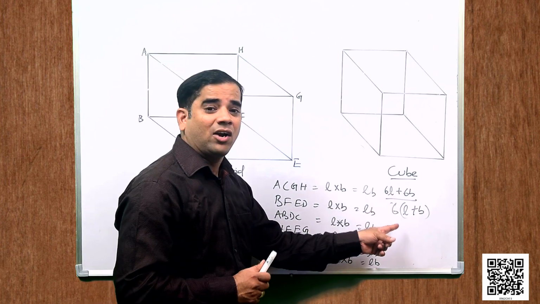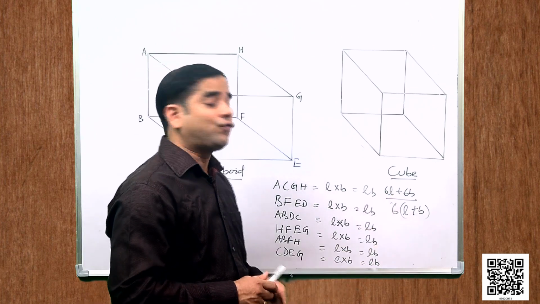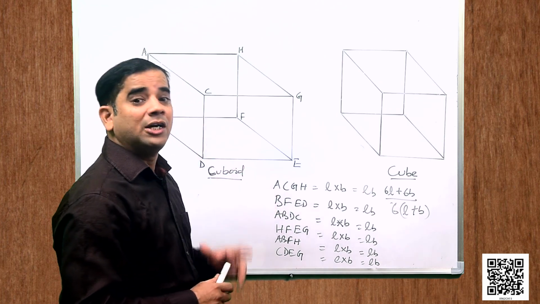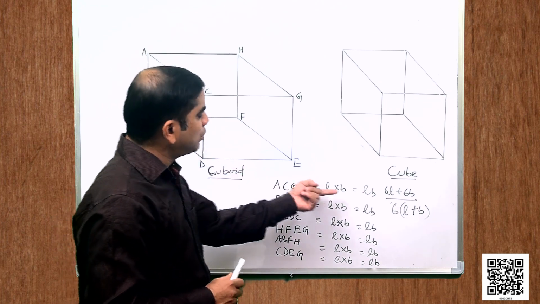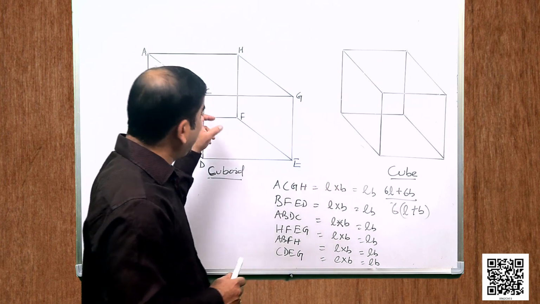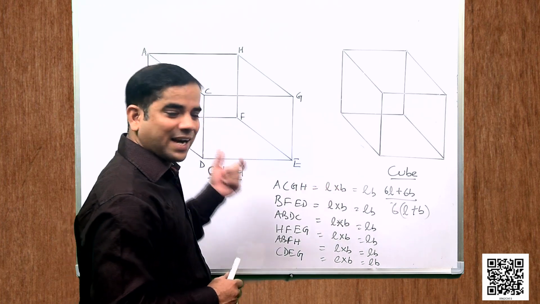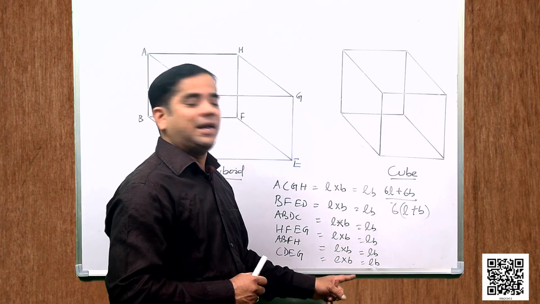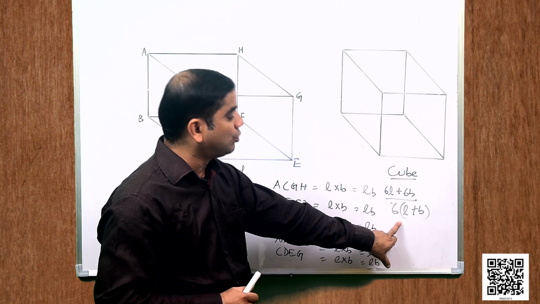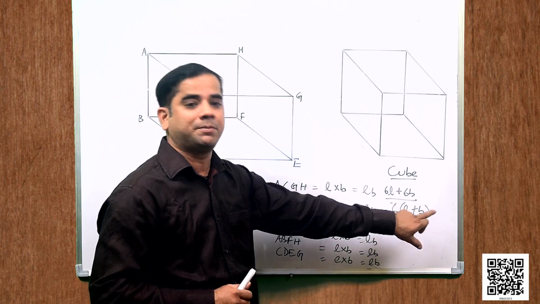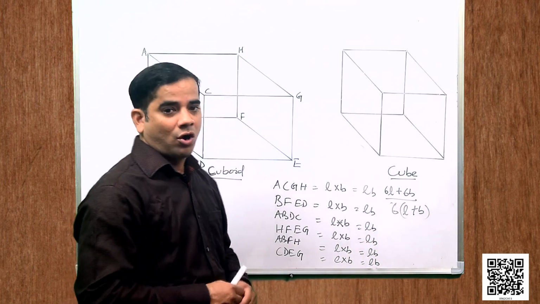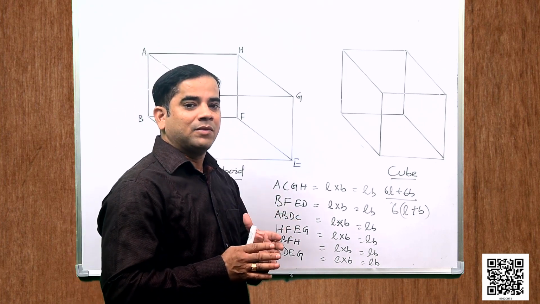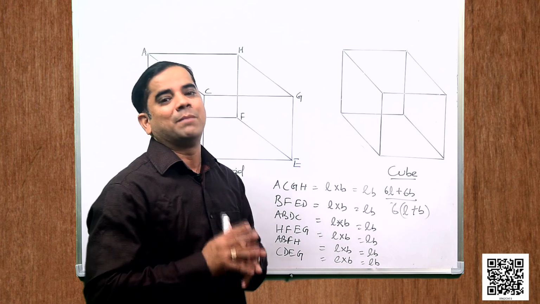So we cannot use this formula to find the total surface area of the cuboid. If we add all the formulae together to get 6 into (L plus B), this will be wrong, because all the rectangles have different lengths and breadths.